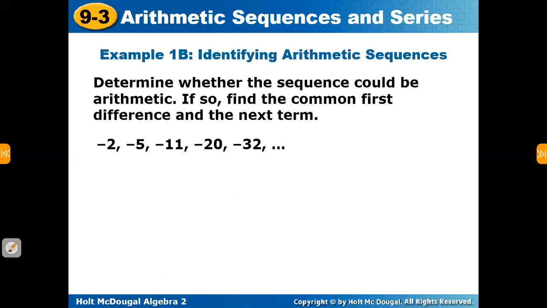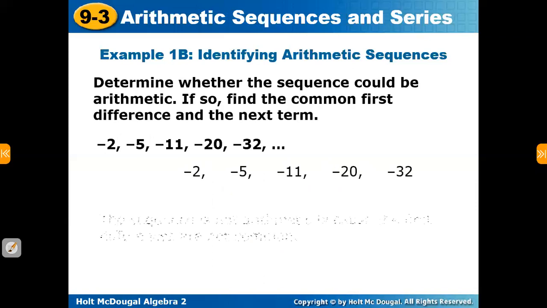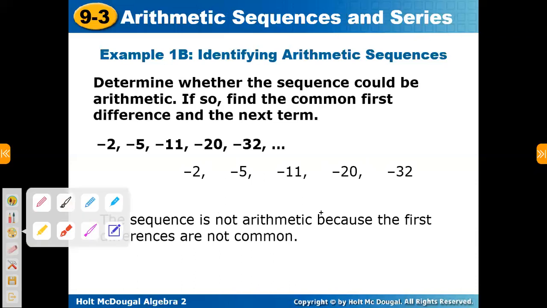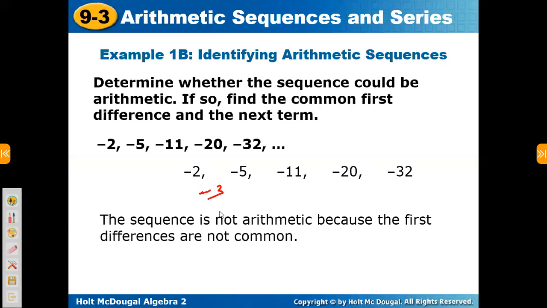In this question, minus 5 minus 2, which is minus 5 plus 2, which will give me the value minus 3, then minus 11 plus 5 is minus 6, minus 20 plus 11 is minus 9.